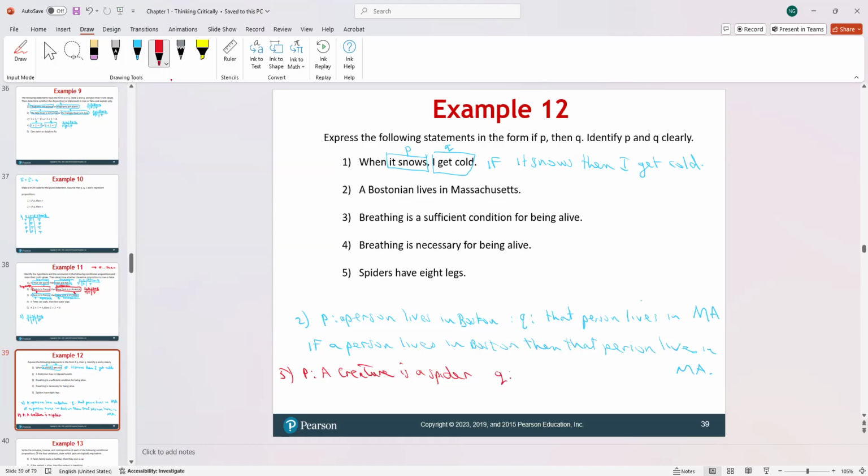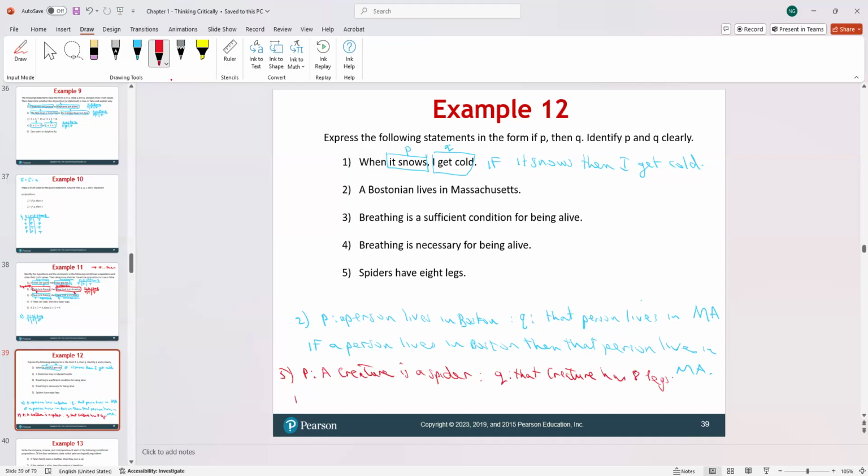And if you use Q, what would you say for Q? Then that creature has 8 legs.